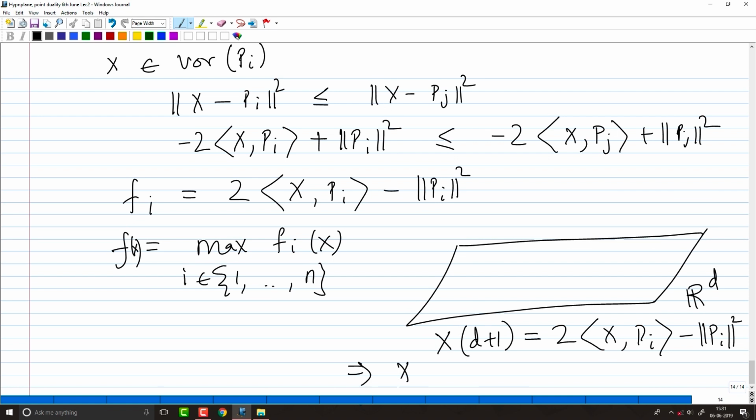Simplify it further: x_{d+1} - 2 x·p_i + ||p_i||^2 equals 0. What is happening here? So I am getting a non-vertical hyperplane. Good.